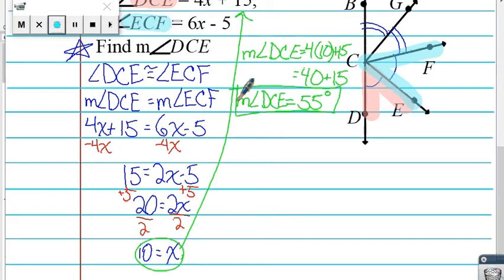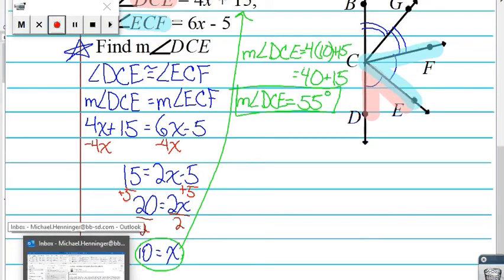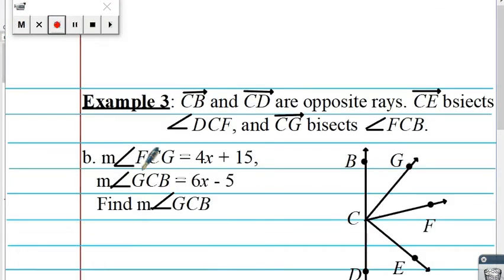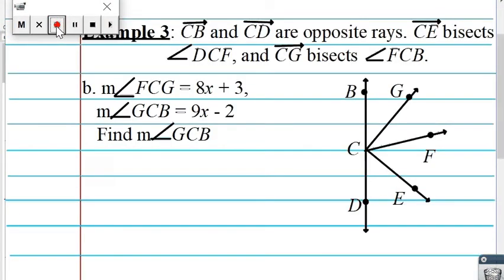Okay, let's take a look at another one, very similar. Okay, this very similar question, in fact, uses the exact same diagram with all the same descriptions. So we still have that these two angles up here are congruent because the angle BCF is bisected by ray CG. We have ray CE is bisecting angle DCF, so we have that these two angles are congruent.